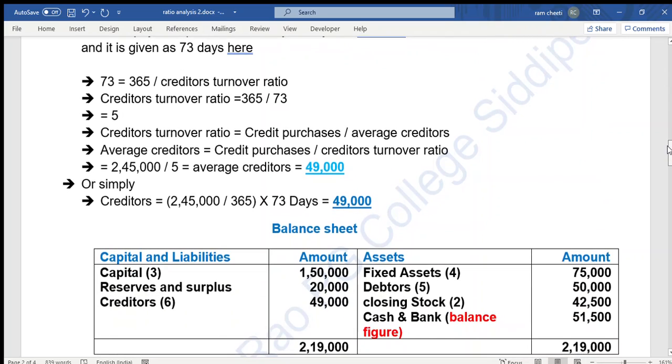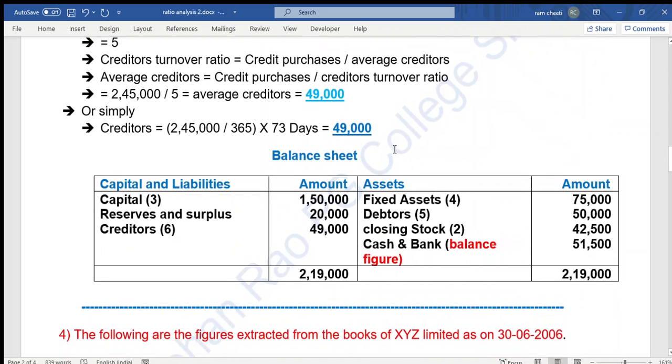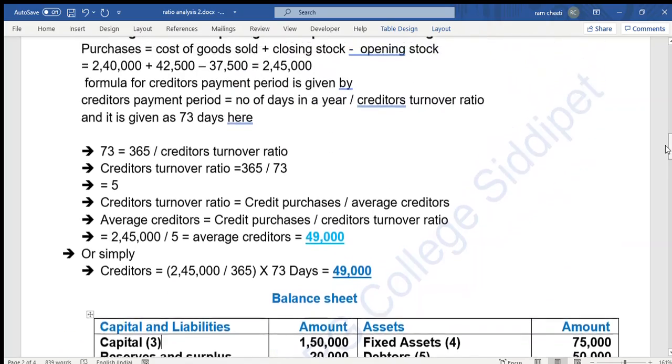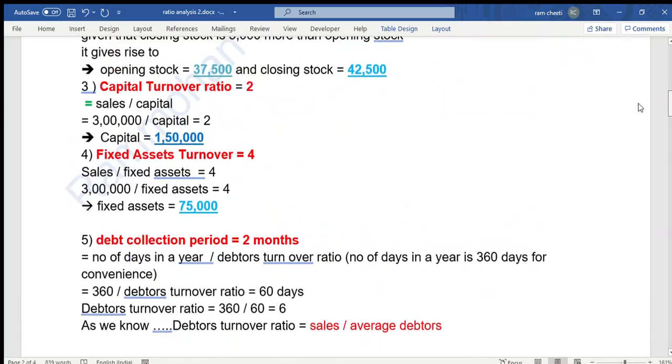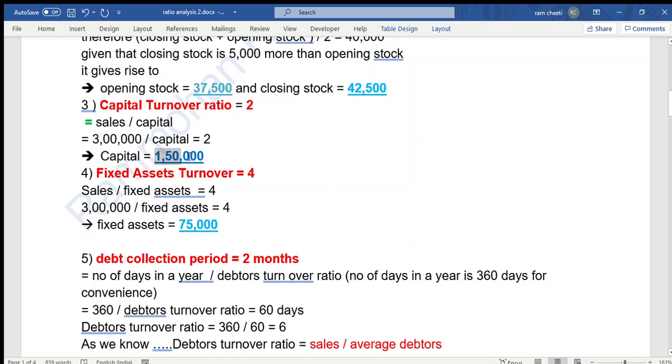We have calculated all the figures, that is 6 figures, and we have simply put all those figures. You see the balance sheet is matched here. Capital is 1,50,000, that is calculated in point number 3.